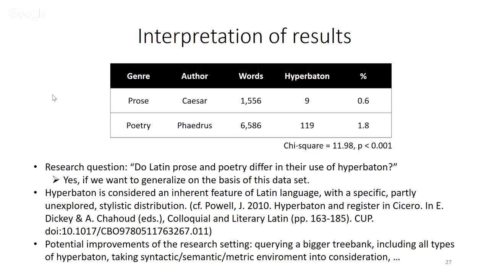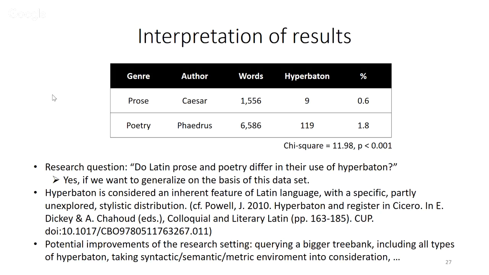If we wish to draw really convincing conclusions on the use of hyperbaton in Latin, we should conduct a much more detailed study. Do remember that we only looked for one single type of hyperbaton. We should include more, if not all, types of hyperbaton.